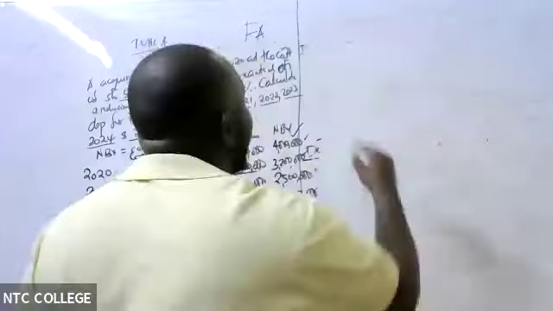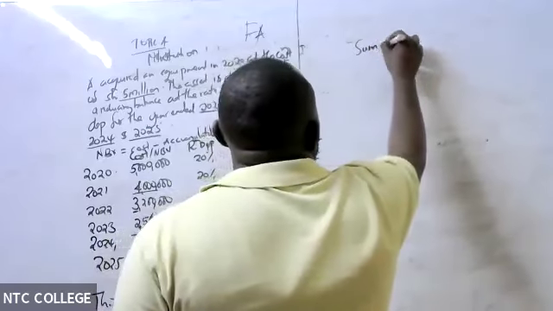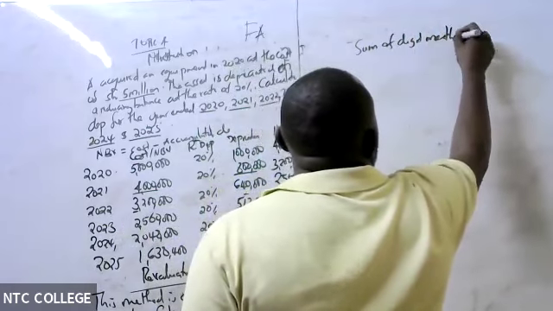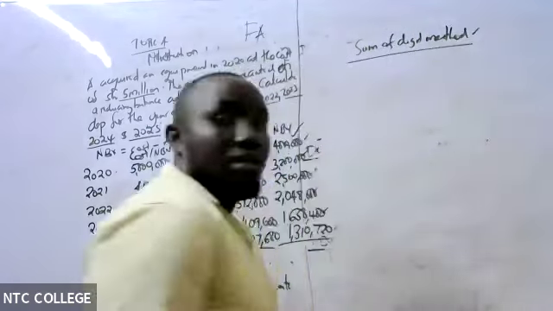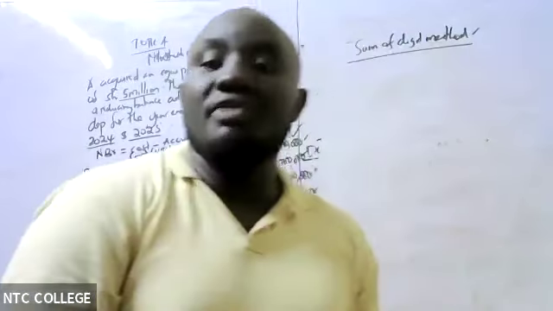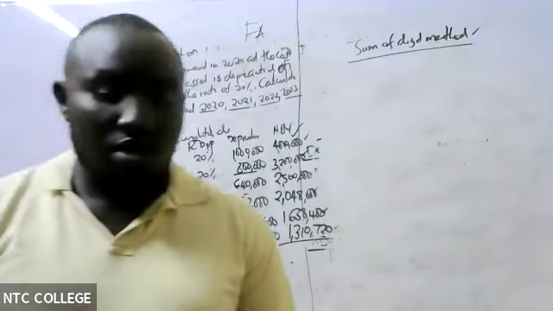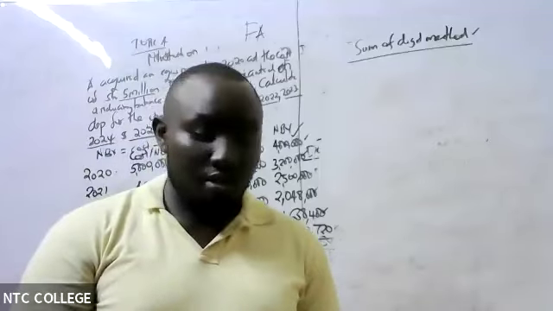I want us to talk about something not very common, we call it the sum of digit method. Have you ever heard of this method of depreciation? Betty, have you heard of the sum of digit method? Just in a mention, but I don't know how it works. We can discuss it very fast.